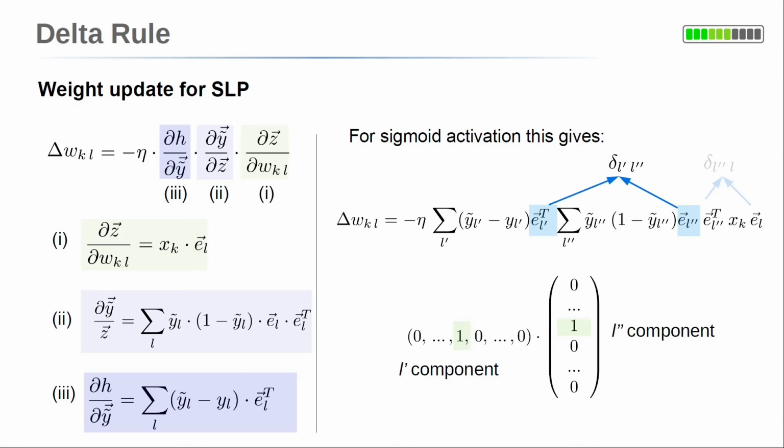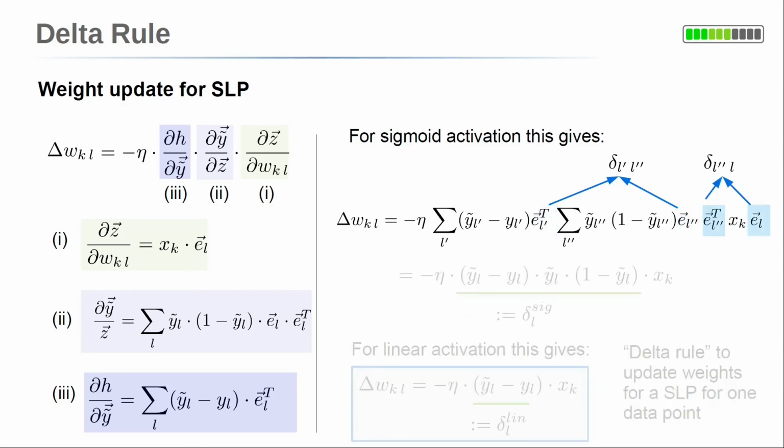So the product is equal to the Kronecker delta L prime L double prime. Similarly, the product of unit vector EL double prime transpose times unit vector EL gives a Kronecker delta L double prime L. Consequently, both Kronecker deltas require L prime equals L double prime equals L to give a non-zero contribution.